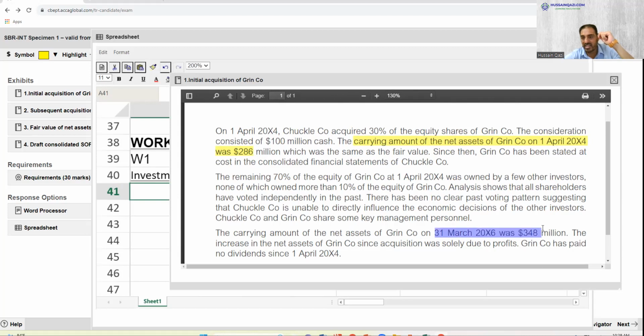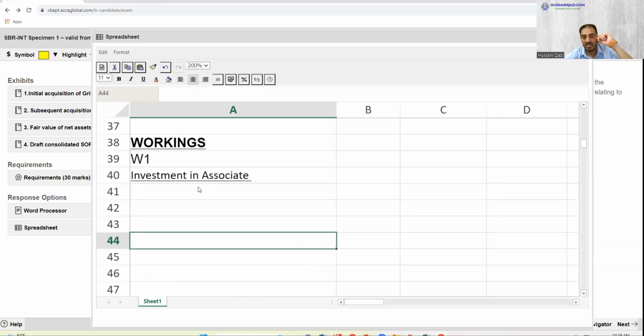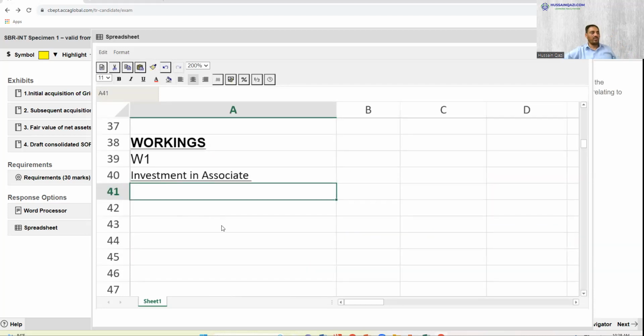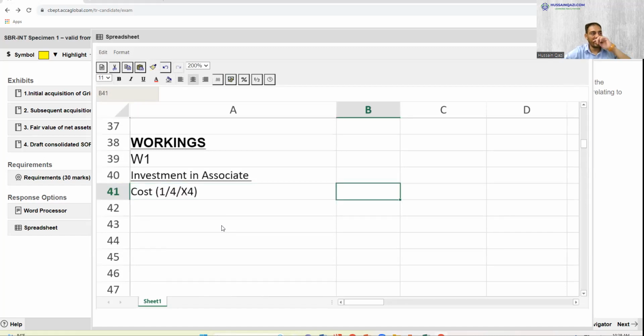At 31st March X6, it's 348. That we have already covered with the previous requirements. So let's start the working accordingly. Number one, the cost at 1st April X4, that is about 100 million.